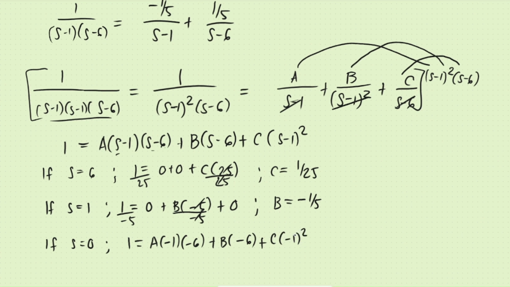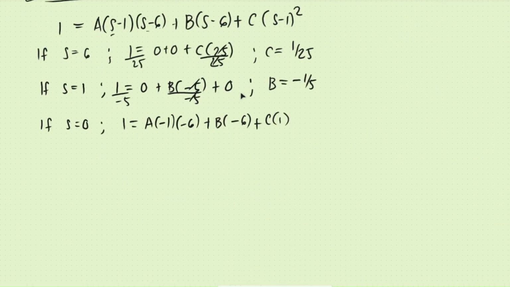So this is just 1. And we plug in the values of b and c to look for the a. 1 is equal to a times negative 1 times negative 6 is just 6, plus b is now negative 1/5. So negative 1/5 times negative 6 is just 6 over 5. And your c is just 1 over 25.